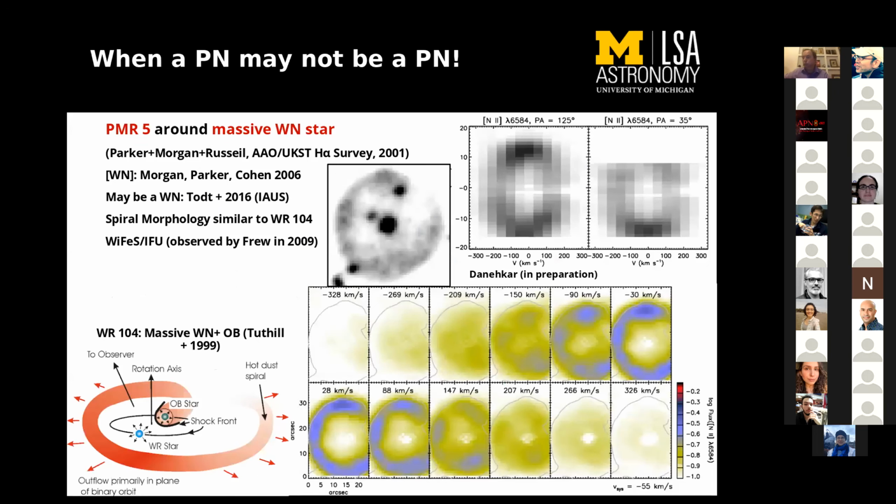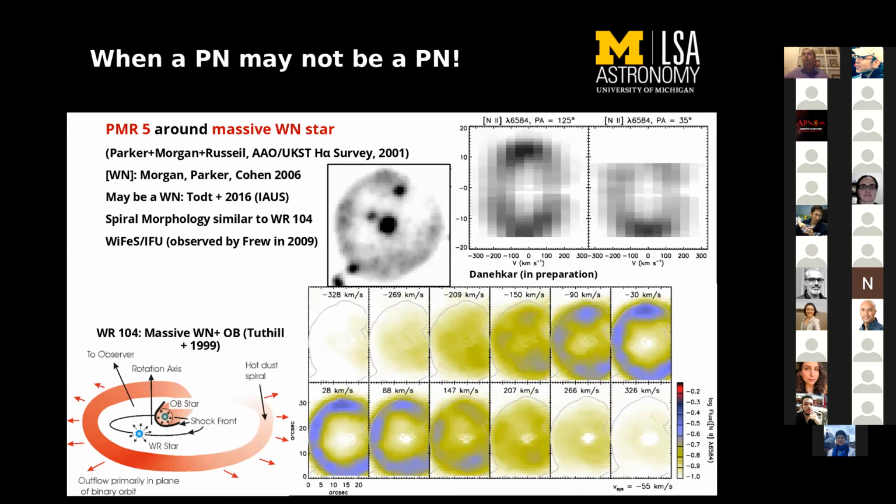And finally, I also look at this object, PMR5, which stands for Parker, Morgan, and Russell. They found these objects in 2001 using H-alpha surveys. And later there is a paper in MNRAS in 2006.